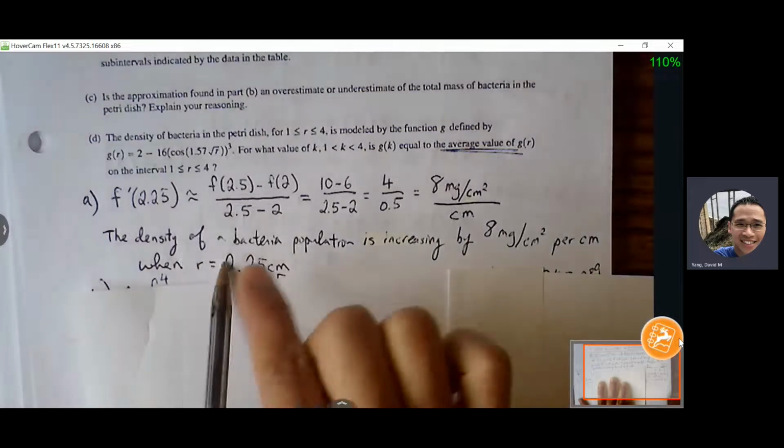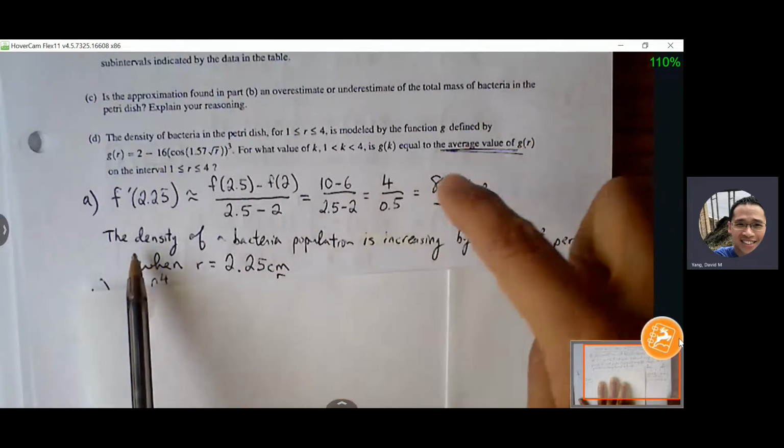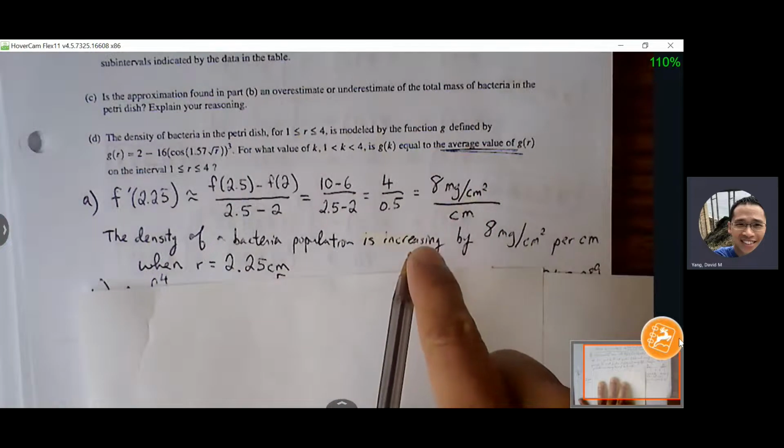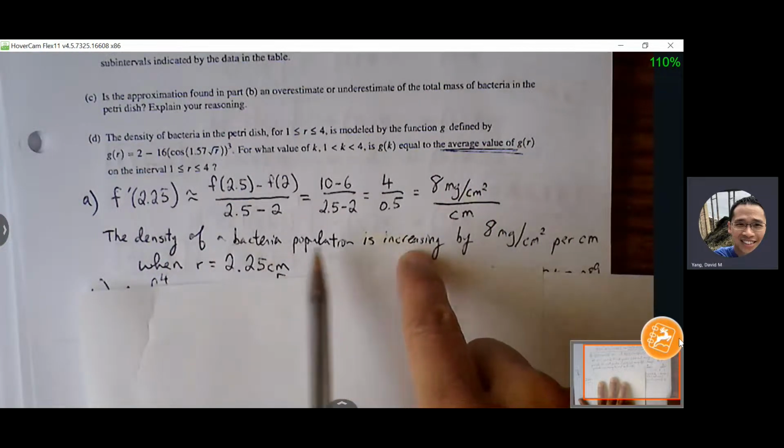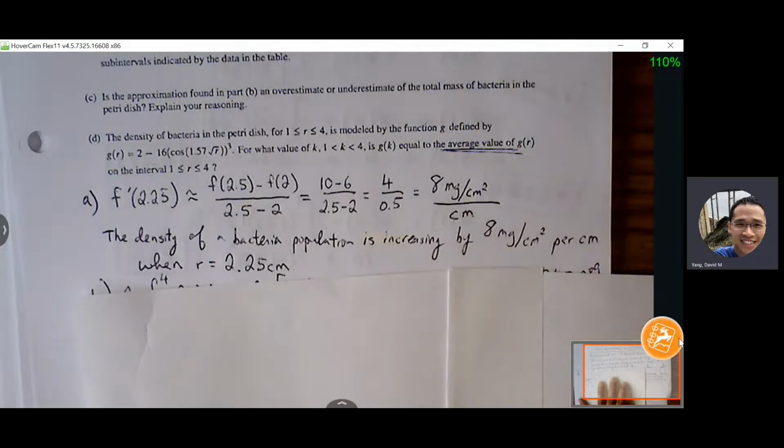So we say density of a bacteria population, that's the milligrams per centimeter squared, is increasing. So we are representing the rate of a rate, and we're also writing it in a way that will earn us points.